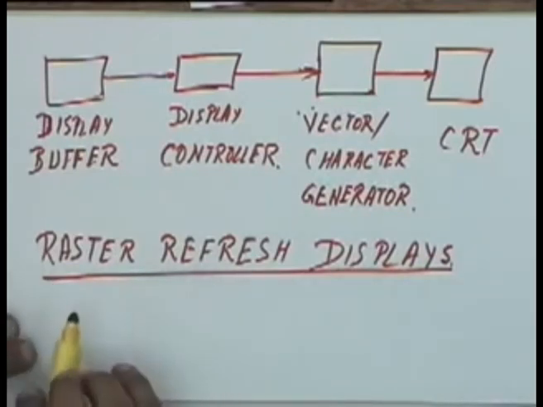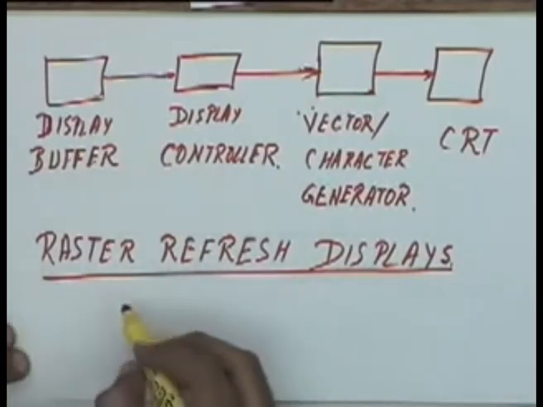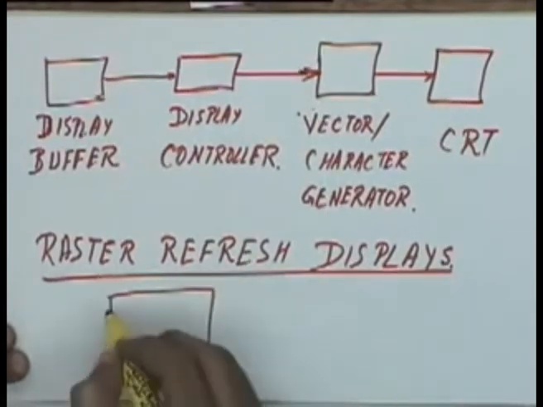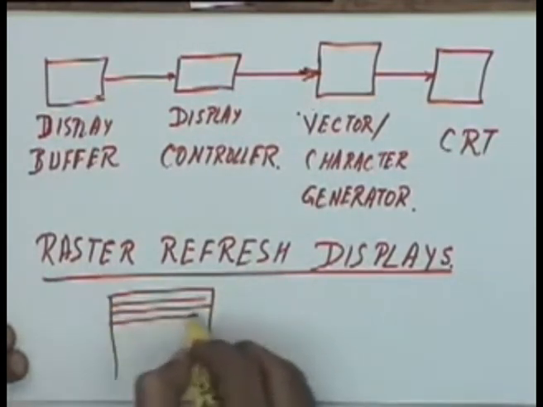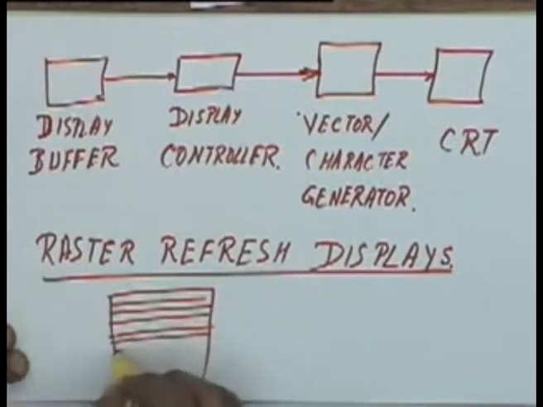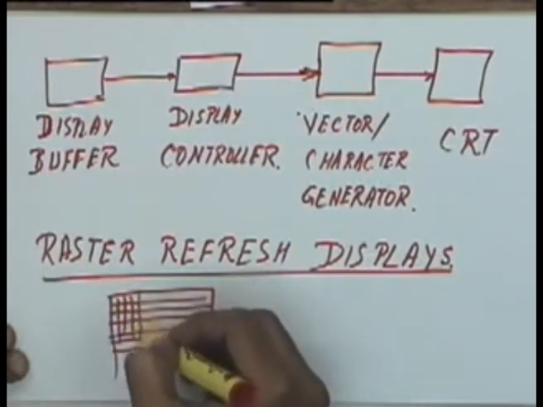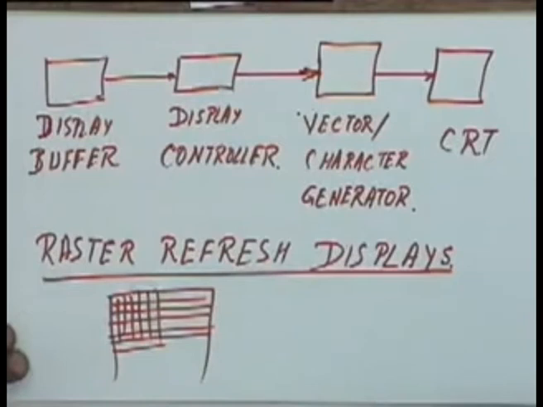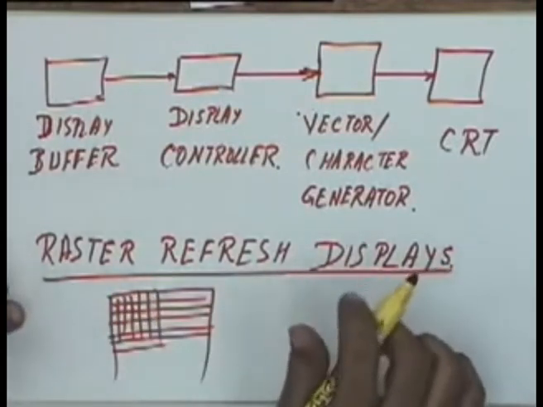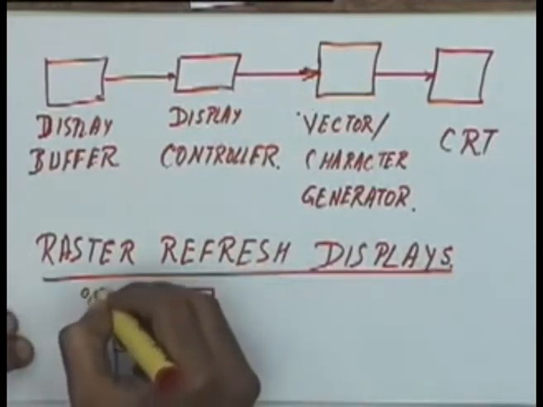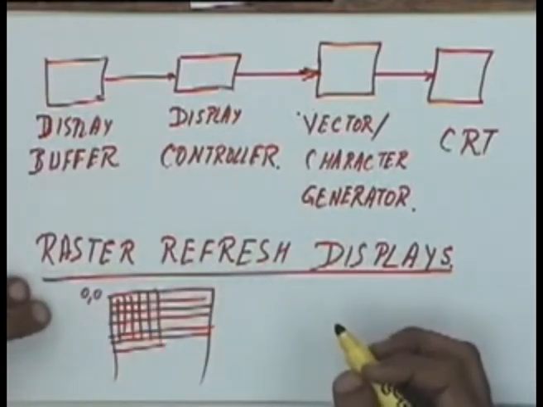In these displays, the complete screen is divided into an array of points. The top left corner is normally treated as 0 0.